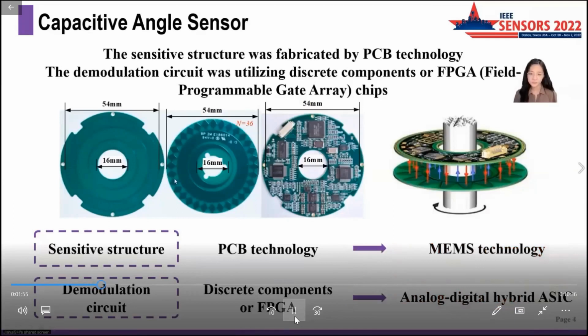Compared with FPGA chips, an ASIC costs less volume and less power to achieve the same sensor sensitivity. So, for further size reduction of angle encoders, integration of a MEMS fabricated sensitive structure and an ASIC can be an economical alternative.